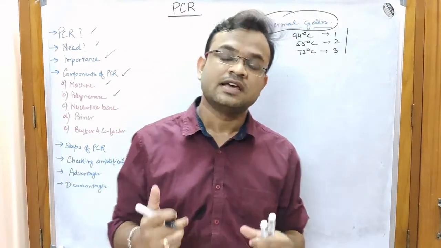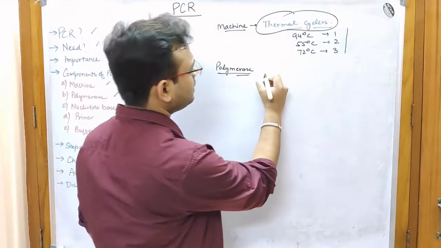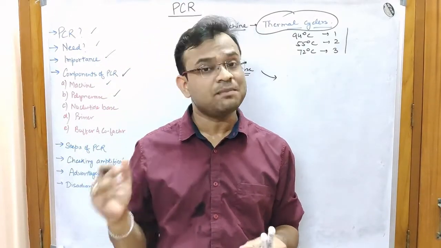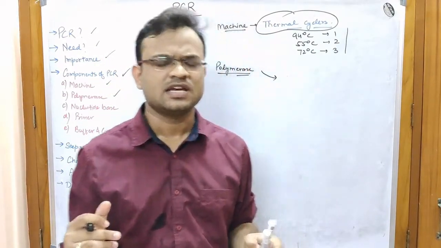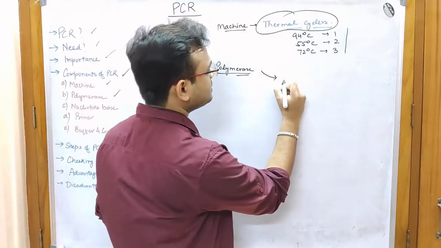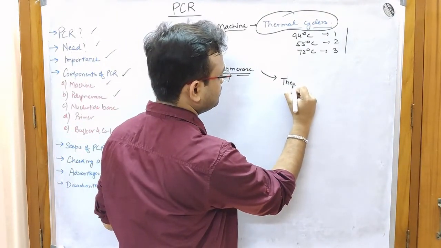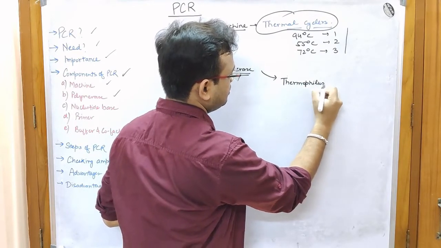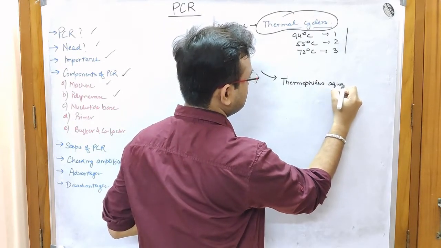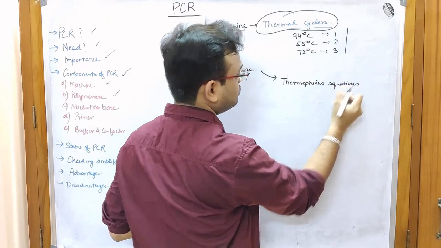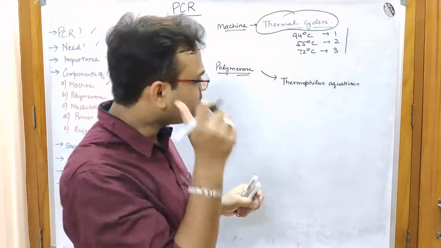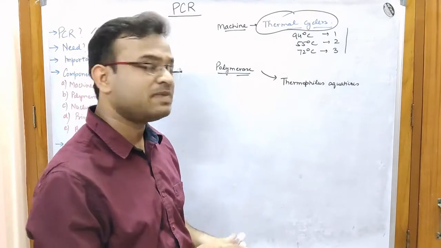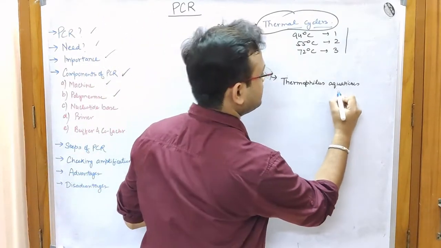So which polymerases can be used here? There are some bacteria that have thermostable DNA polymerases. The first one is Thermus aquaticus. This is the first bacteria, and the polymerase that we obtain from this bacteria is Taq polymerase.